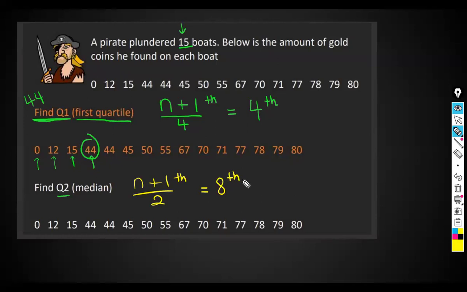It's hiding in the 8th position. First, second, third, fourth, fifth, sixth, seventh, and 8th. Look in there. That is the median, or Q2. So it is 55. I know I kind of rushed you all there, so take a minute, take down everything, and we will move on.